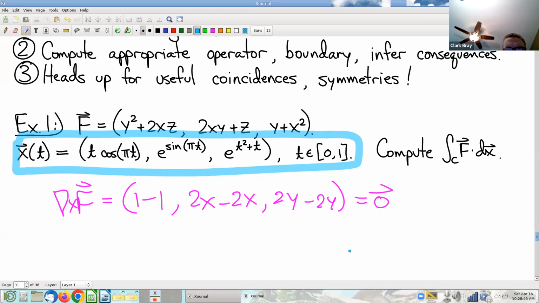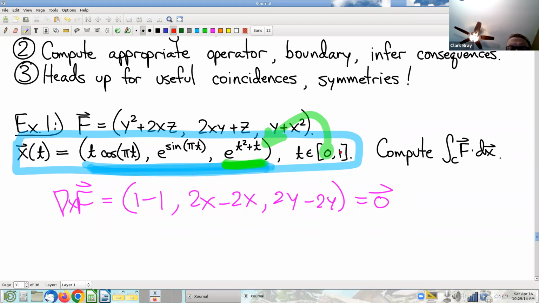So conveniently, while the actual curve itself is going to be pretty hard to talk about, whether it starts and ends at the same point is a pretty easy thing to resolve. And I suppose different people have different preferences on how to most conveniently see this. But I like to just note, okay, all right, well, when I plug in t equals 0, that third coordinate there clearly starts at e to the power of 0, namely 1.